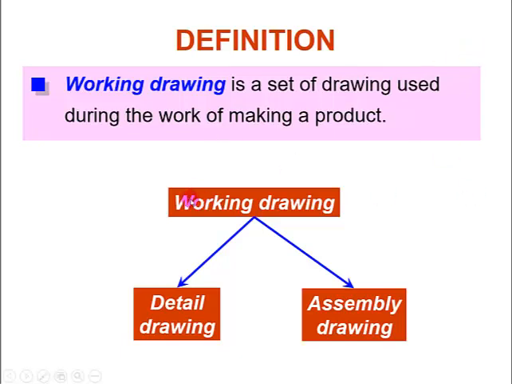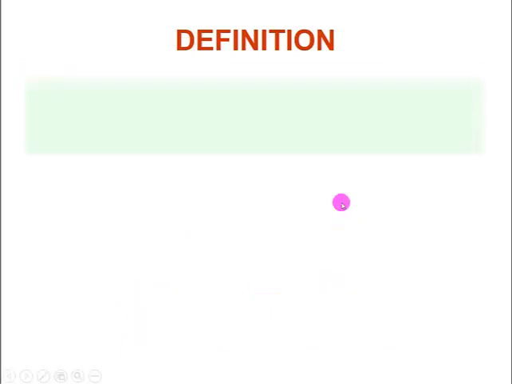So what do you need to put in a working drawing? You should have the detail drawing, everything that represents how you make it. And you may also need the assembly drawing to say how many components there are and how they are put together. That's what you need for a working drawing.